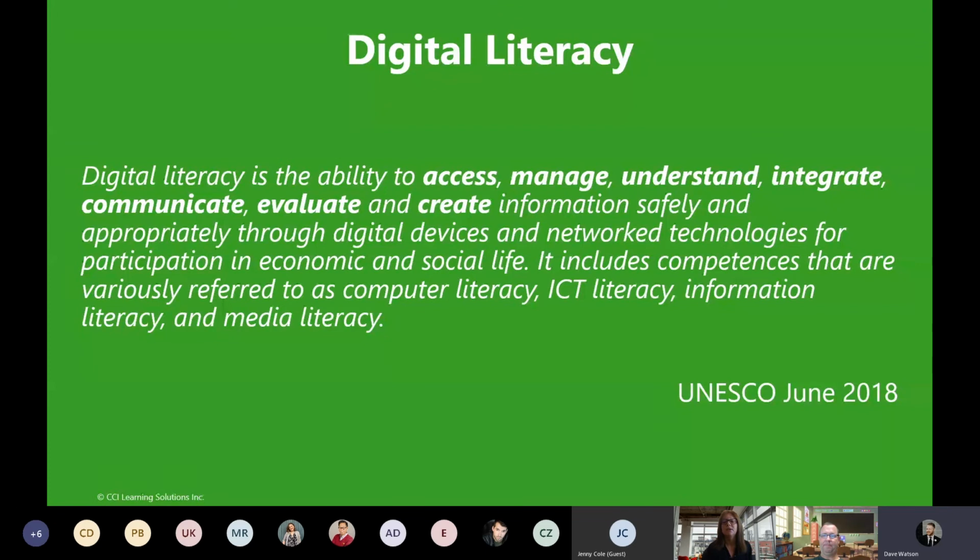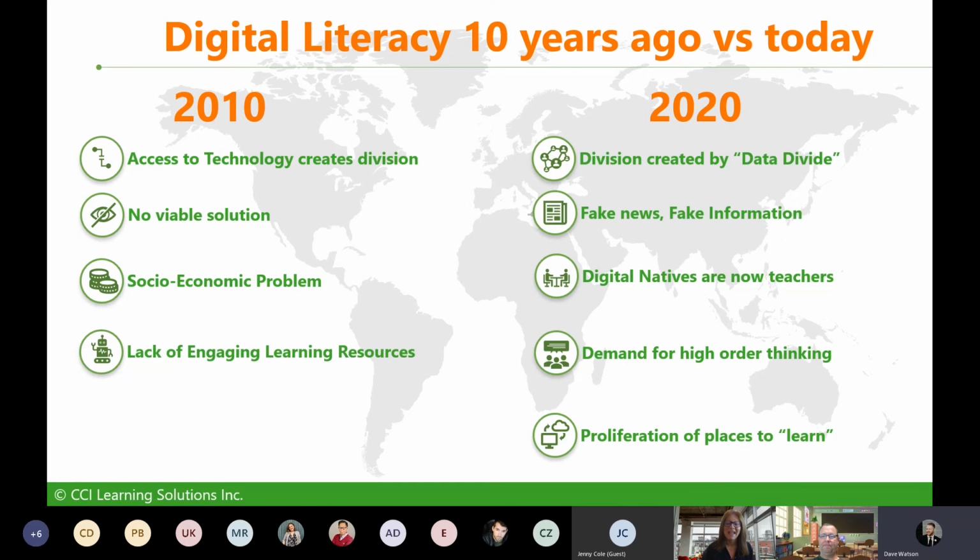So if we look at digital literacy today versus 10 years ago, if you want to go to the next slide, please, Dave. I think there's a clear distinction even just in the last 10 years, where right now a digital divide is created by the division in data and access to data.